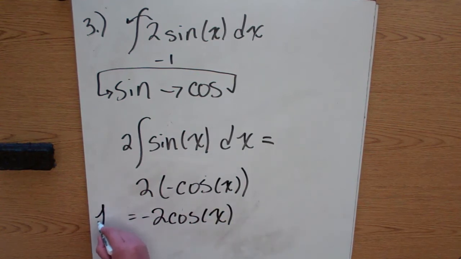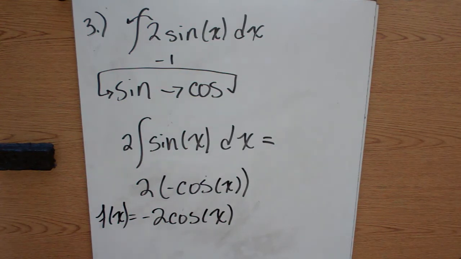That is your antiderivative, negative 2 cosine x. And of course, don't forget plus c, because we don't know what that constant is. So we have to keep up with it. We can't just lose it. Alright, number 4.